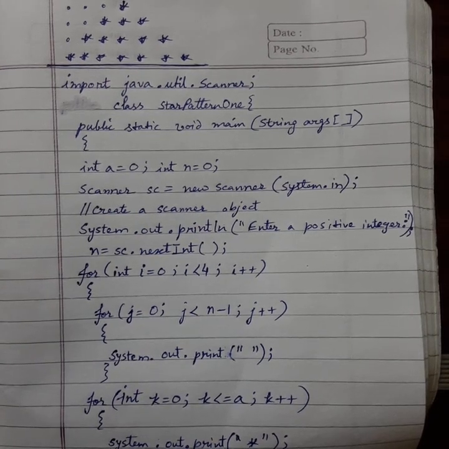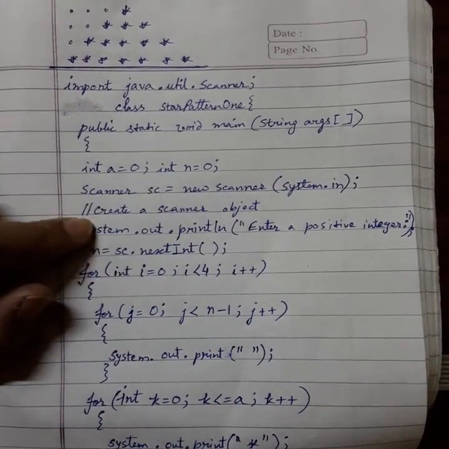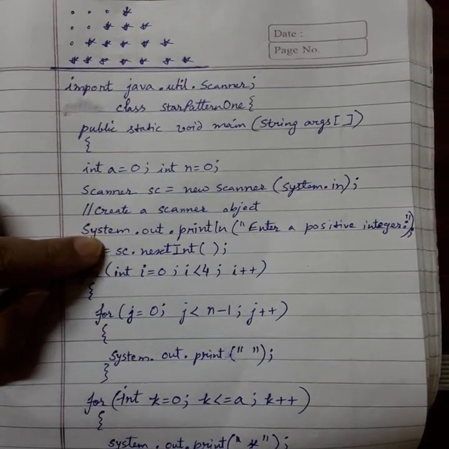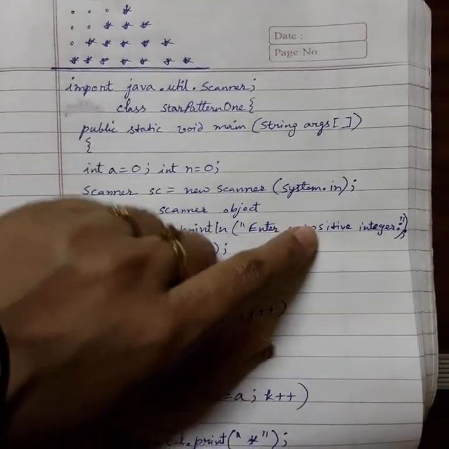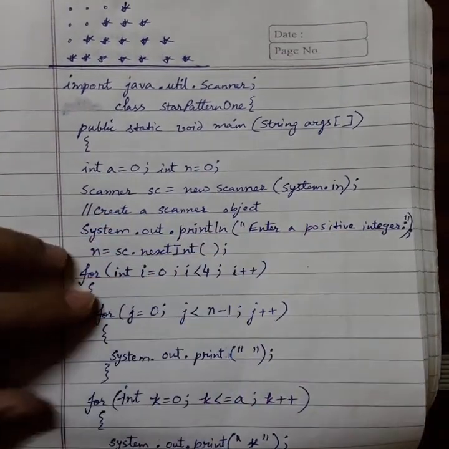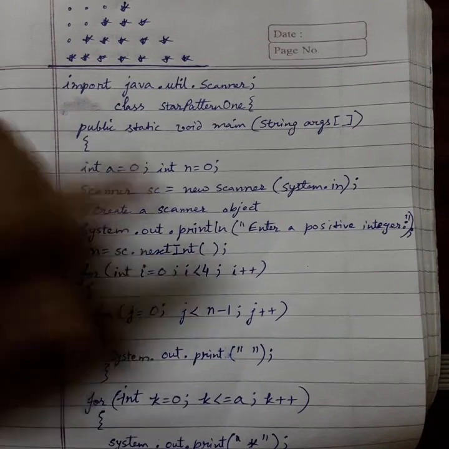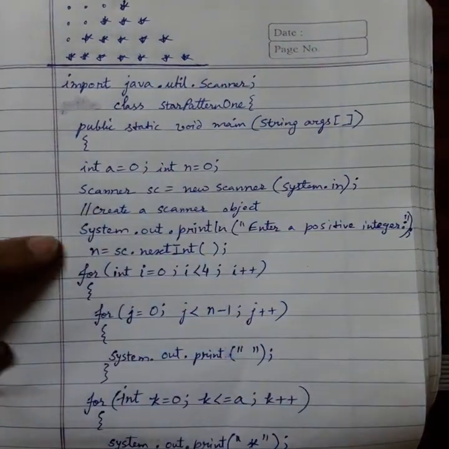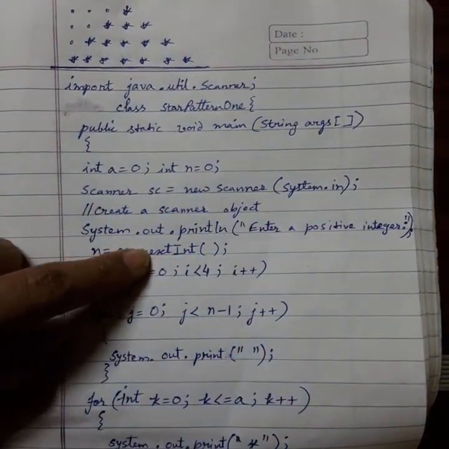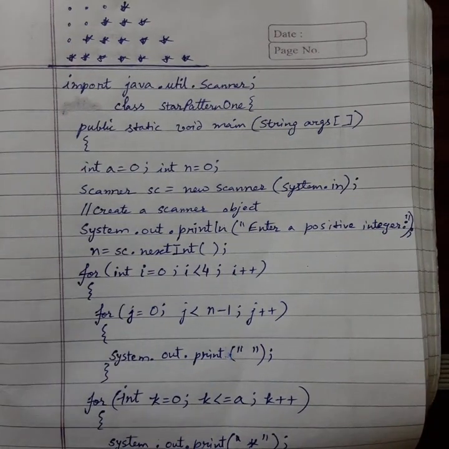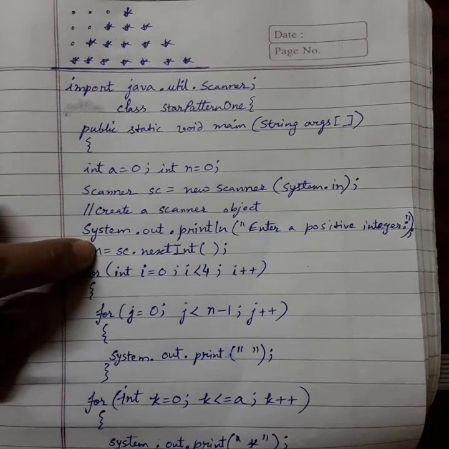After we create the object, we print out "Enter a positive integer" for the user to understand that they need to enter a number. The cursor is going to blink after this line, wherein we enter the number and it is parsed and assigned to n.